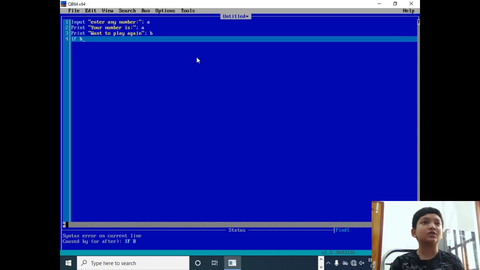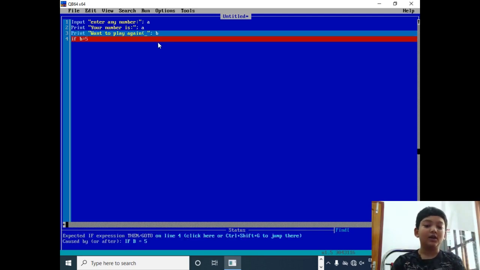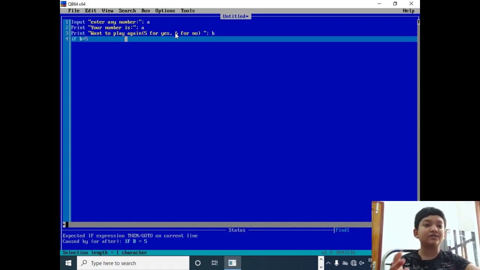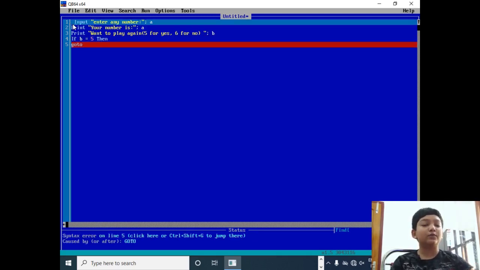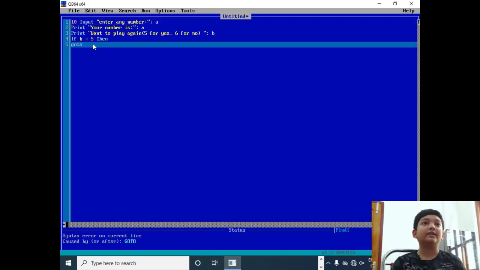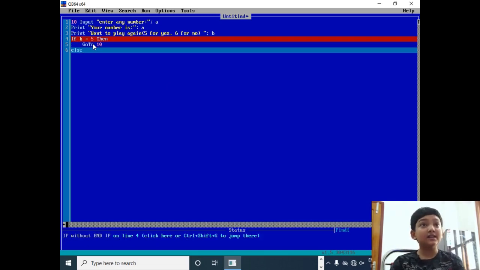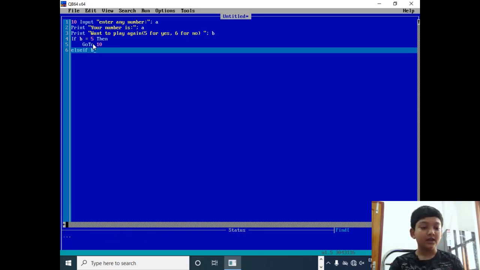If B is equal to 5, we will run this program: 5 for yes, 6 for no. This is not any syntax, but we are writing it for print, making the user understand that if B equals 5, then print, go to line 10. Done.